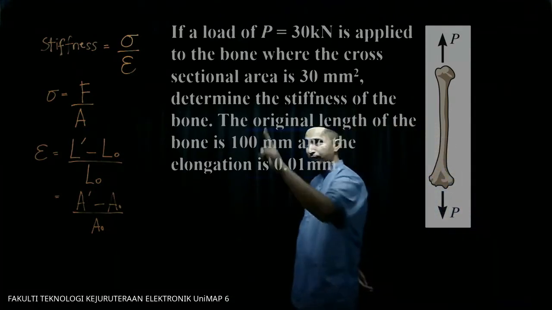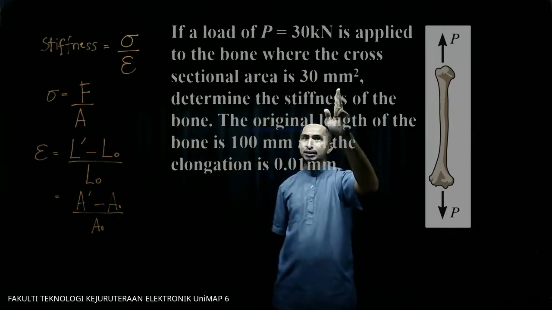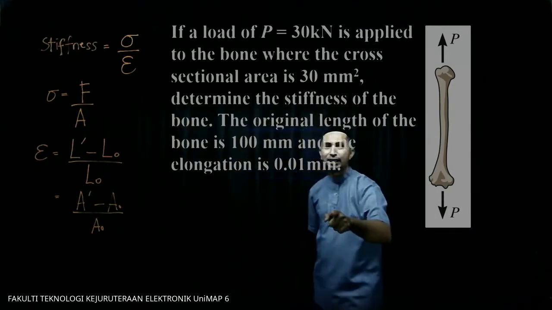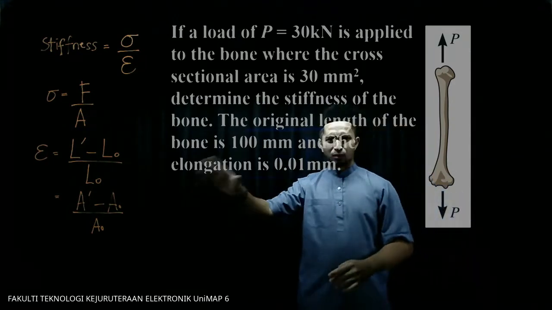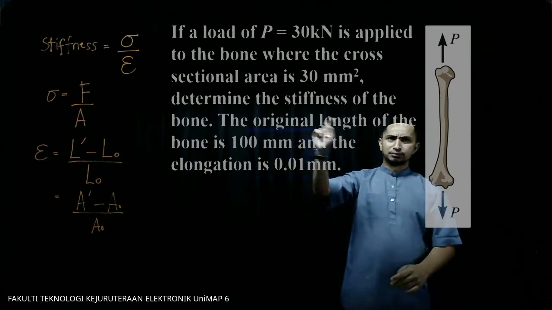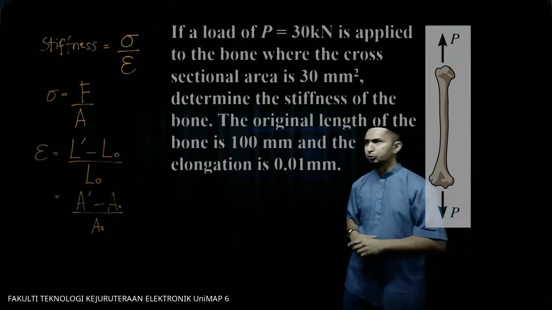Okay, class. The force is in kilonewton, but now the area is in millimeter square. The length is also in millimeters. So you need to convert all the millimeters you need into meter, because our force is in kilonewton.